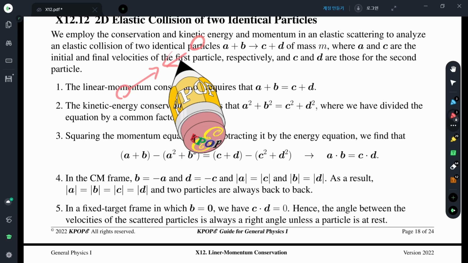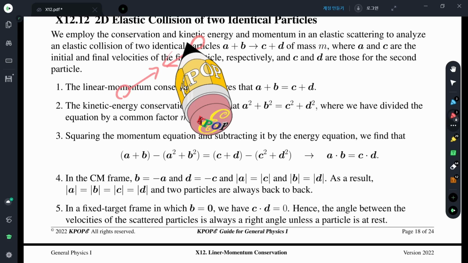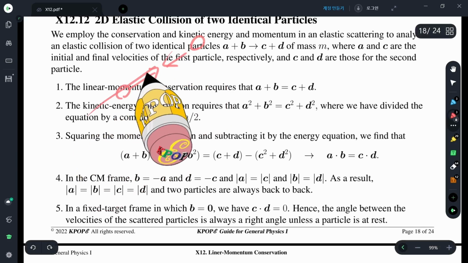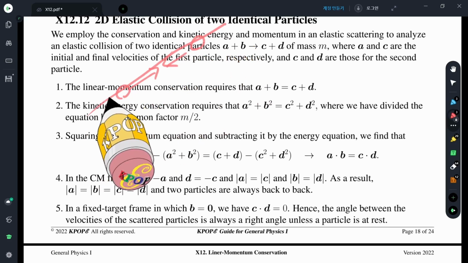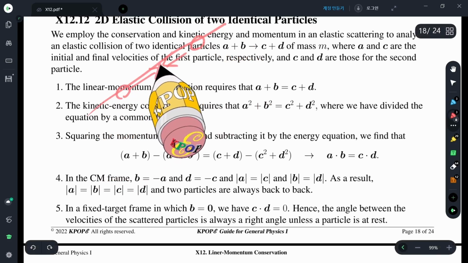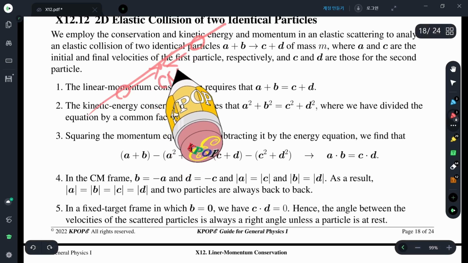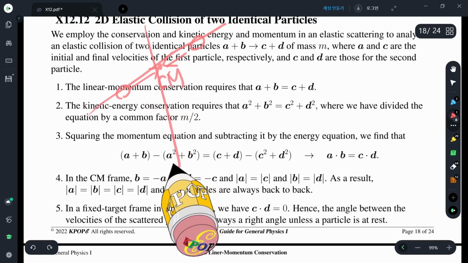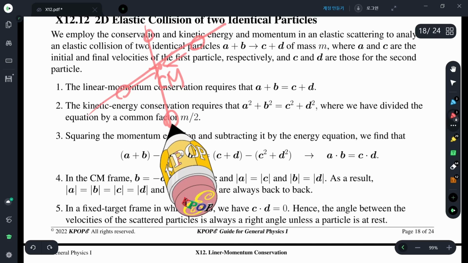In that frame, the motion is just one-dimensional, either before the collision or after the collision. So we have a single straight line that connects the two particles' motion relative to the center of mass, and we have another line that connects the motion of the two particles after the collision.